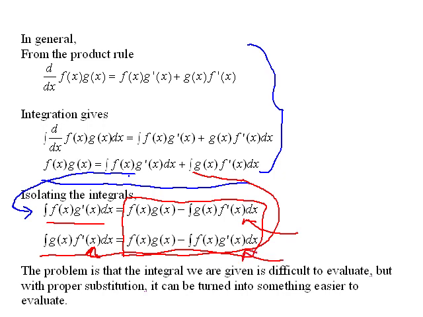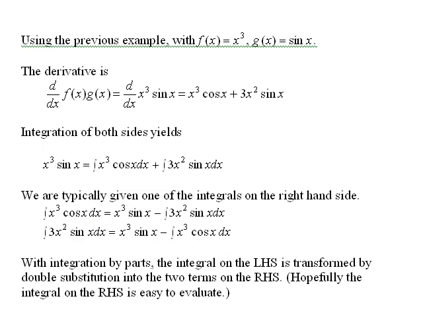I'll show you how to do that now. Well, before I show you how to do it, I'll just write out that particular example of f being x cubed and g being the sine of x and show you what we're dealing with. A couple slides ago, we were at this stage. Now here's what we're typically given. We're given one of the integrals on the right-hand side to evaluate, so I'll isolate it.